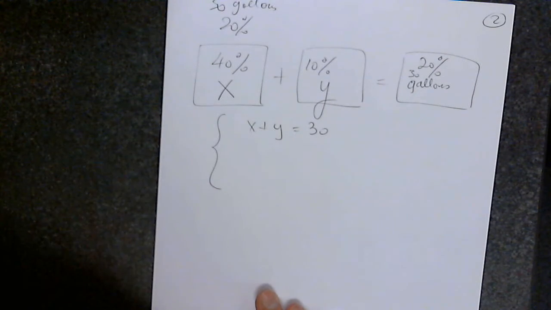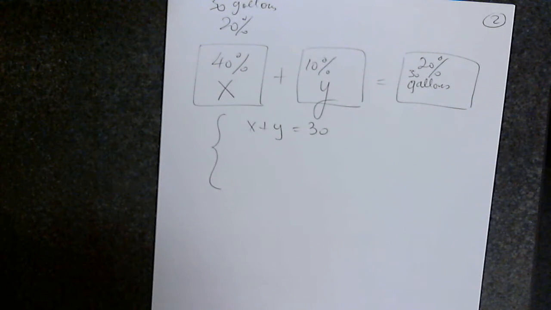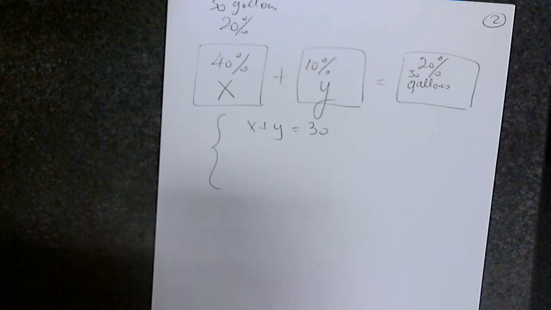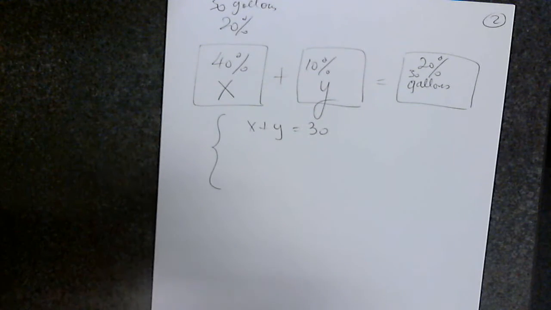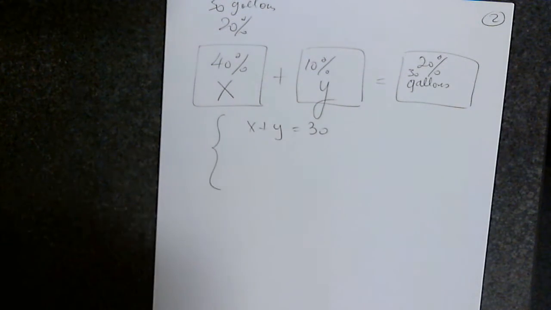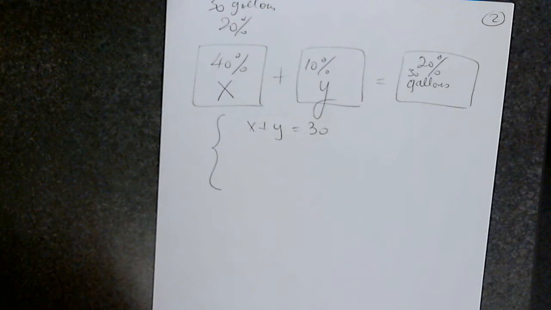Now, careful, careful. We have to determine or write the second equation, and then we can solve. 20% equals, nope. 20% doesn't mean anything.